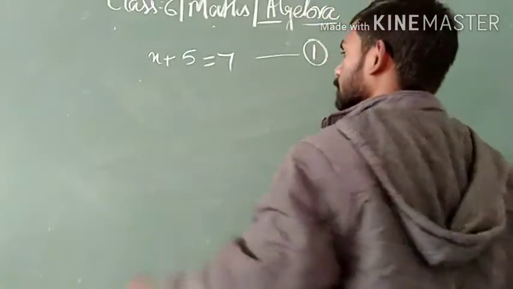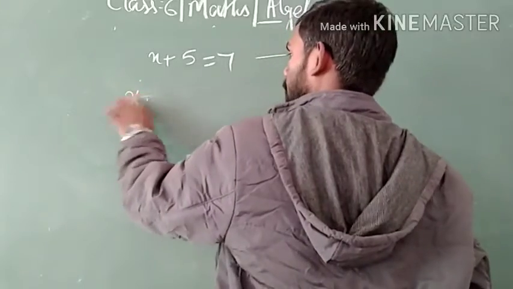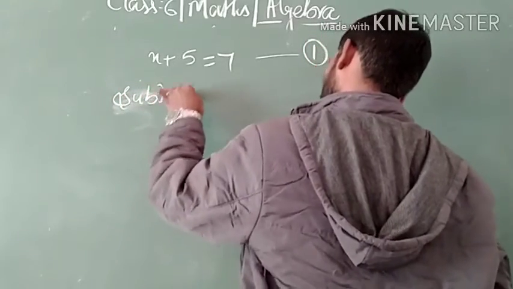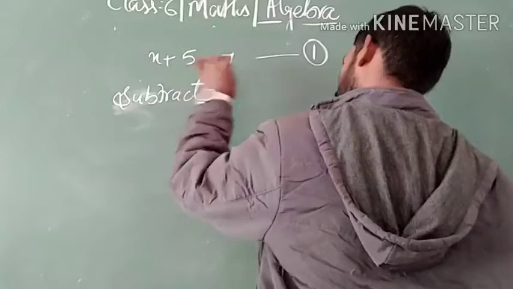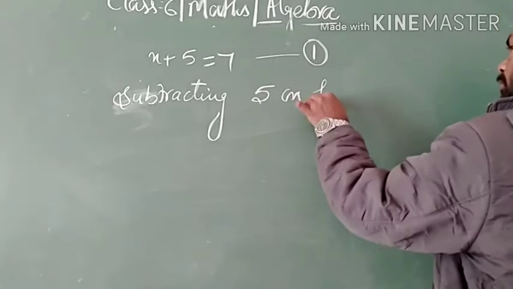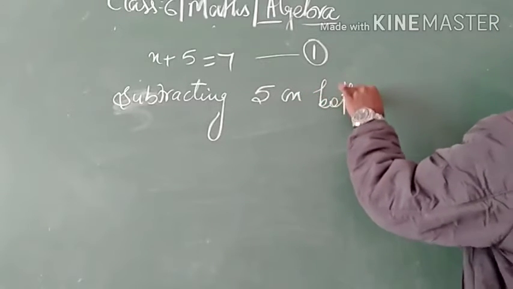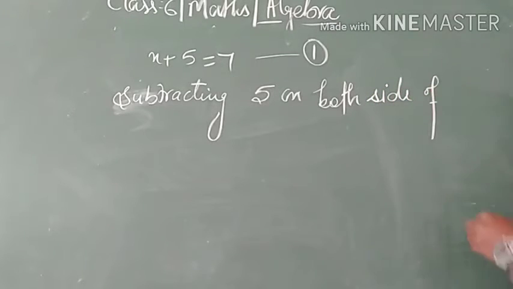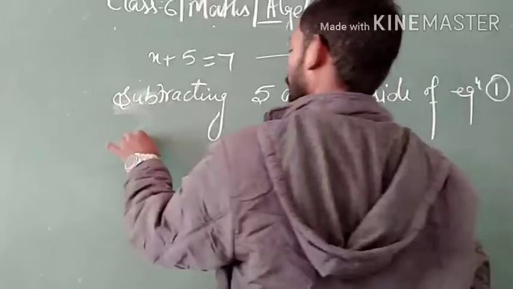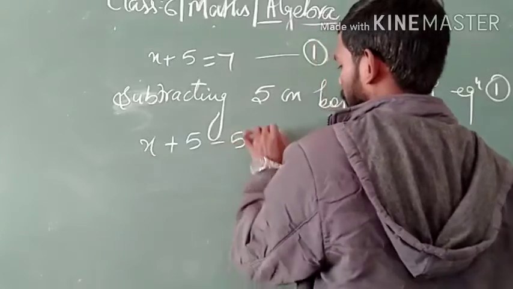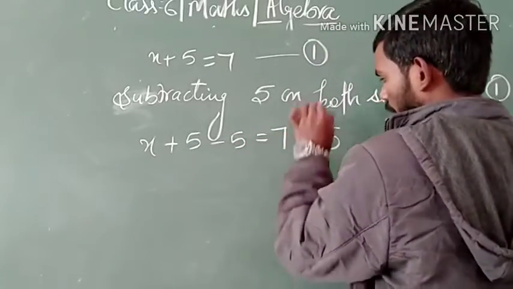So, we have subtracting 5 on both sides of equation 1. We get x plus 5 minus 5 is equal to 7 minus 5.